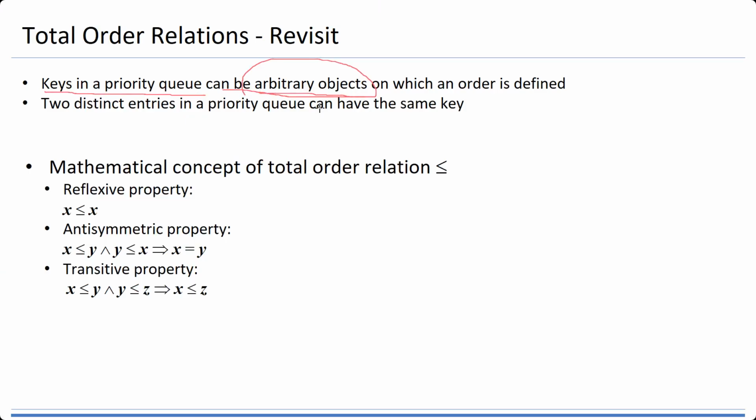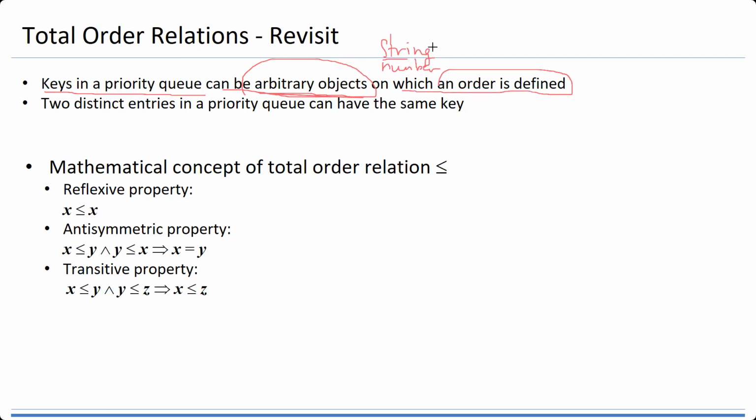It can be anything. Maybe it can be a string, it can be a number, and so on. And if it is an arbitrary object, we can do the ordering, or we can do the sorting.